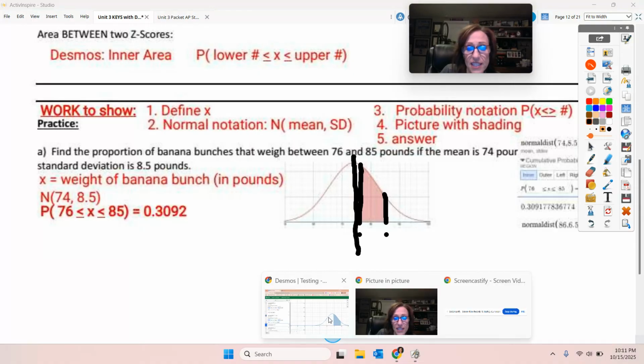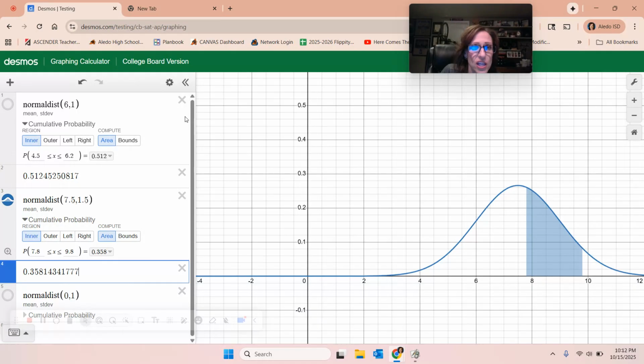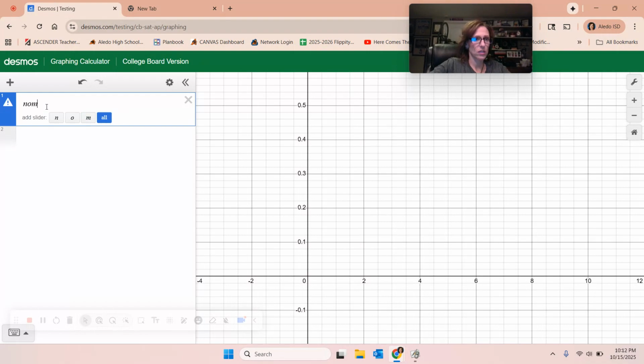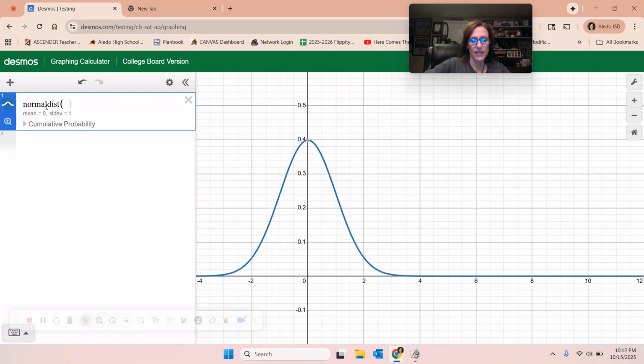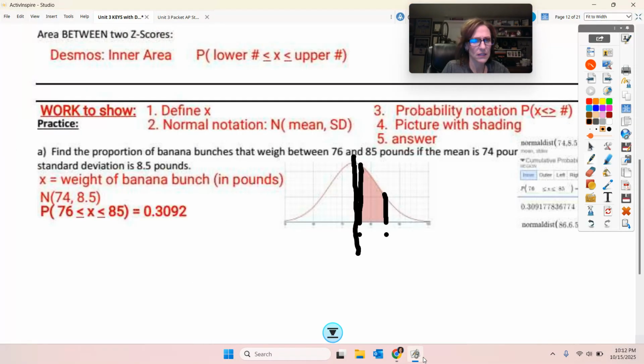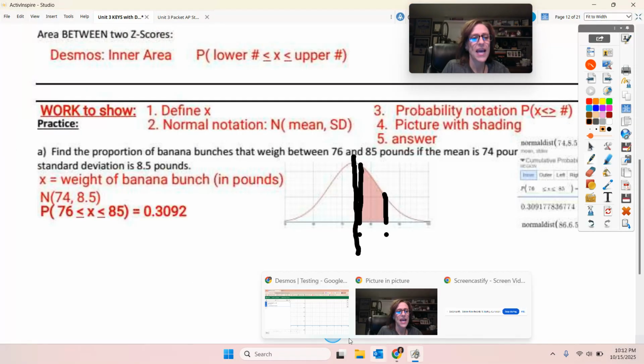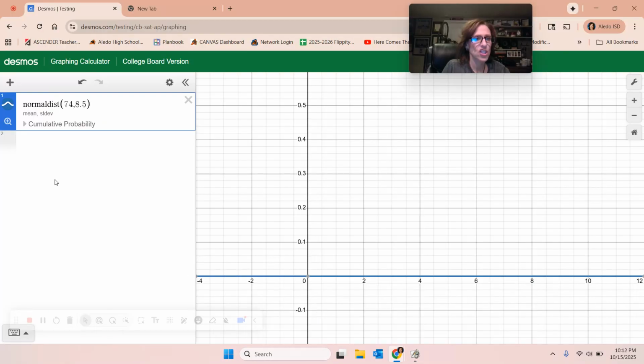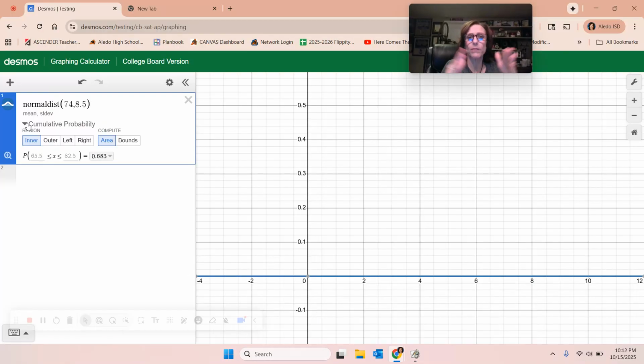Then you're going to go to Desmos to get your answer. So let me get out of this here. I'm dealing with a normal distribution with a mean of 74 and a standard deviation of 8.5. Is that what it was? Yes, okay, good. And I want to go between 76 and 85, so here we go. So cumulative probability, I'm going between.